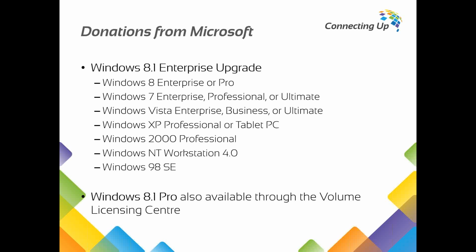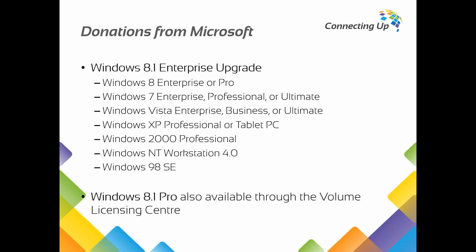Now, the difference between Windows 8.1 Enterprise and Pro is just that there are some new features that work especially well with Windows Server 2012. It's also worth noting here that you can't upgrade to Windows 8.1 Enterprise from any Home Edition software. So you can see listed below are all the versions that you can upgrade from.